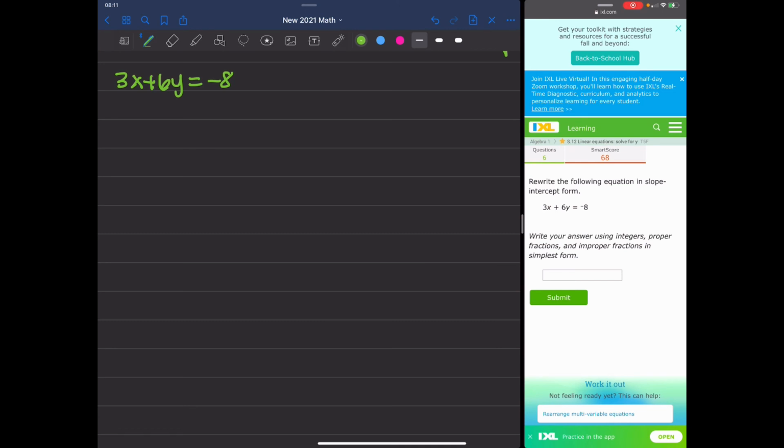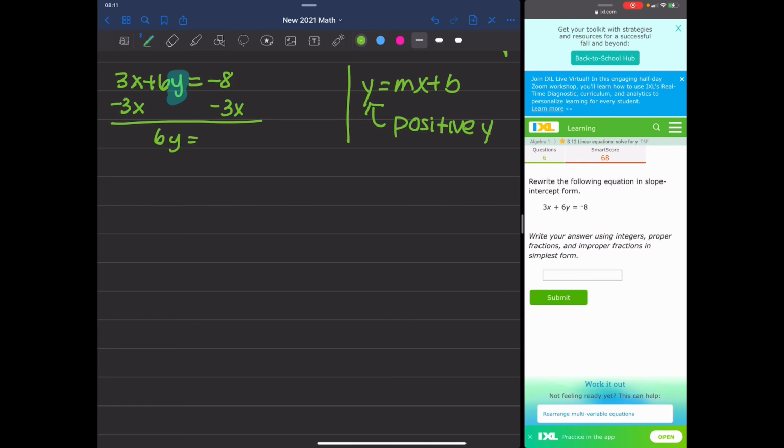All right, we have another equation. I want y equals mx plus b. This is a positive y. So I have to get y by itself over here on the left. First thing I'm going to do is subtract 3x from both sides to try and get the y by itself. So I'm going to have 6y equals -3x minus 8.